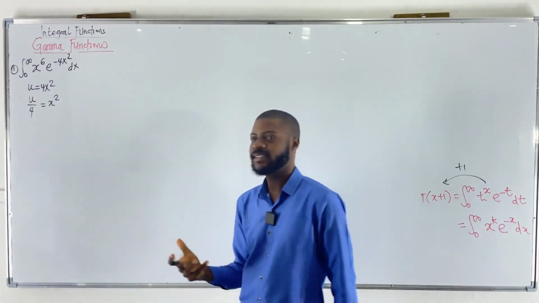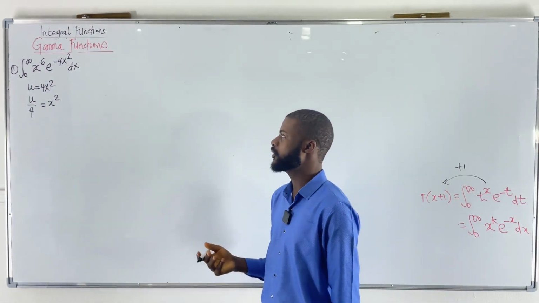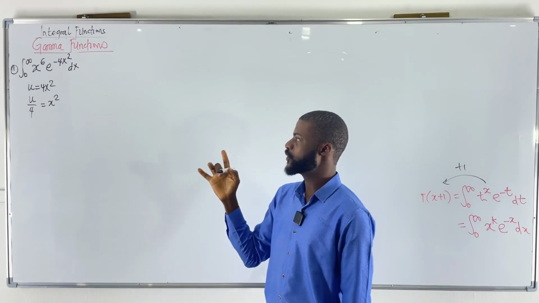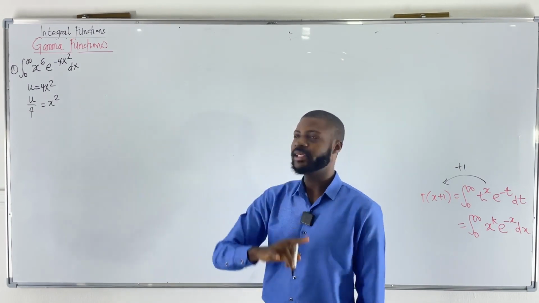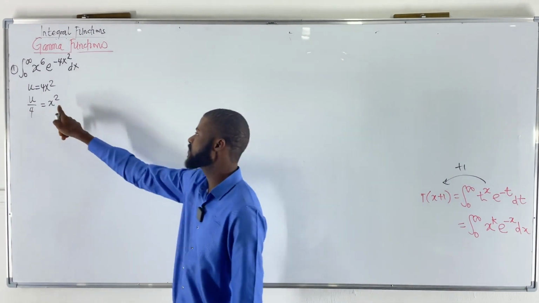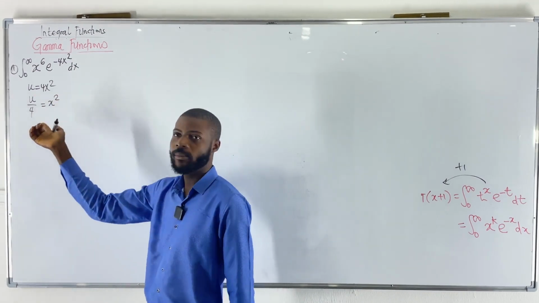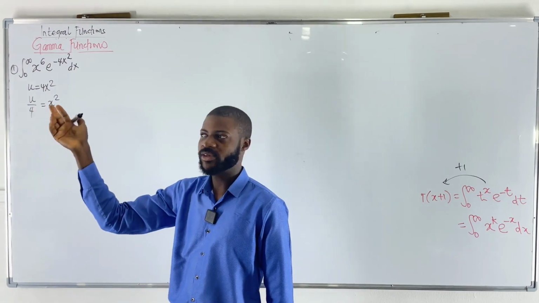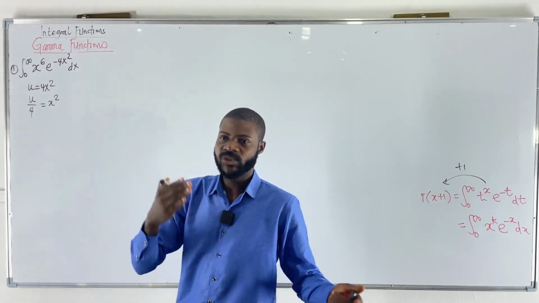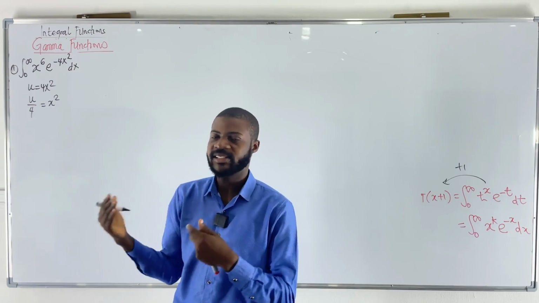And what is the next thing you're going to do? You take the square root of both sides. But remember, I do not like writing square roots. I just like writing the power of half, because square roots and the power of half mean the same thing.